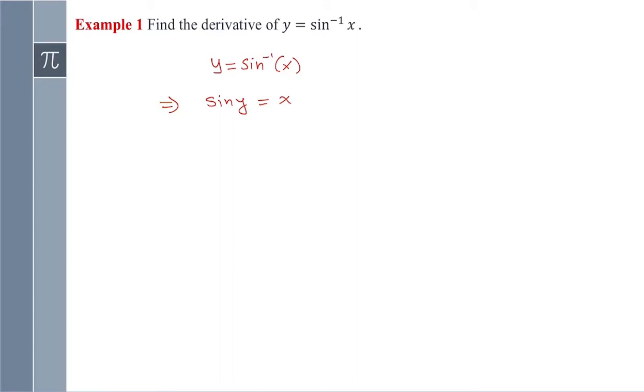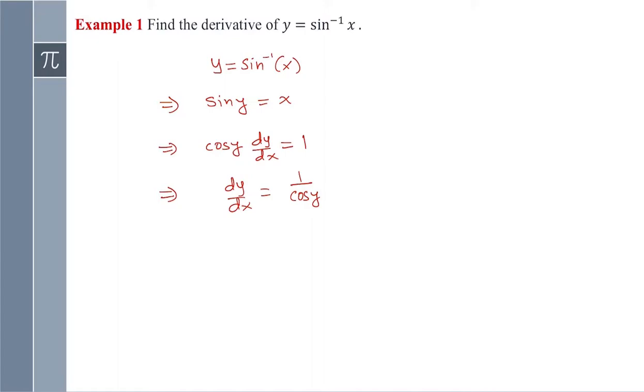Then if we differentiate this equation implicitly with respect to x, the derivative of sine y with respect to x is cosine y dy over dx, equals the derivative of x, which is 1. Now if we divide by cosine y on both sides, we get dy over dx equals 1 over cosine y.